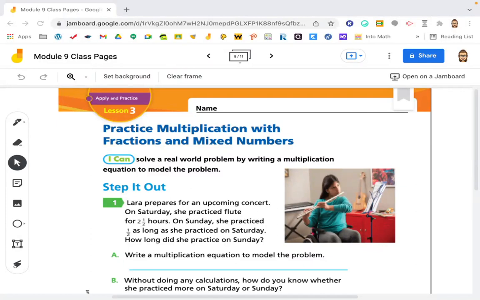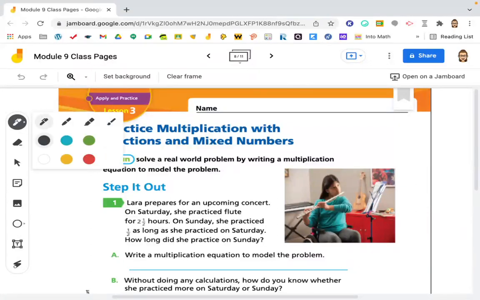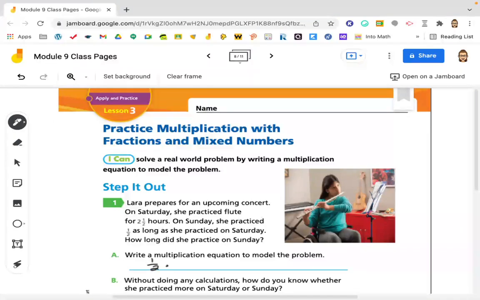Well, we would be having one half as long as 2.5, so we would write one half times 2.5 equals, I'm just going to put S for Sunday.